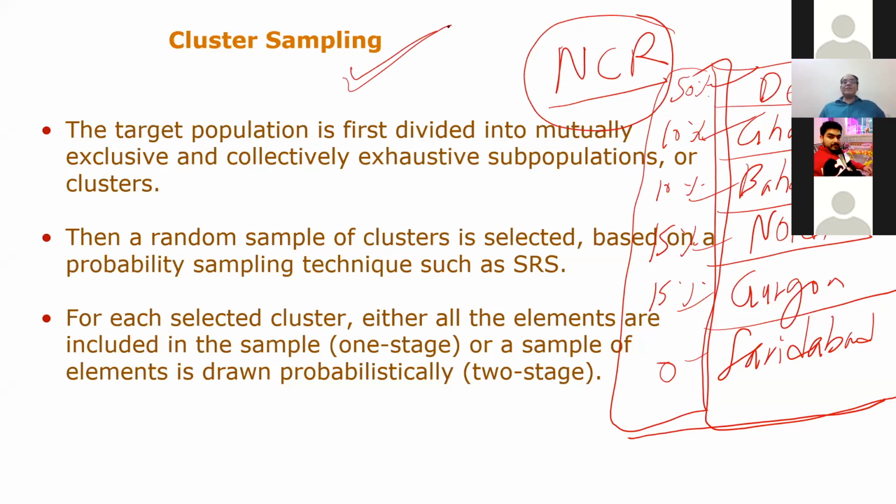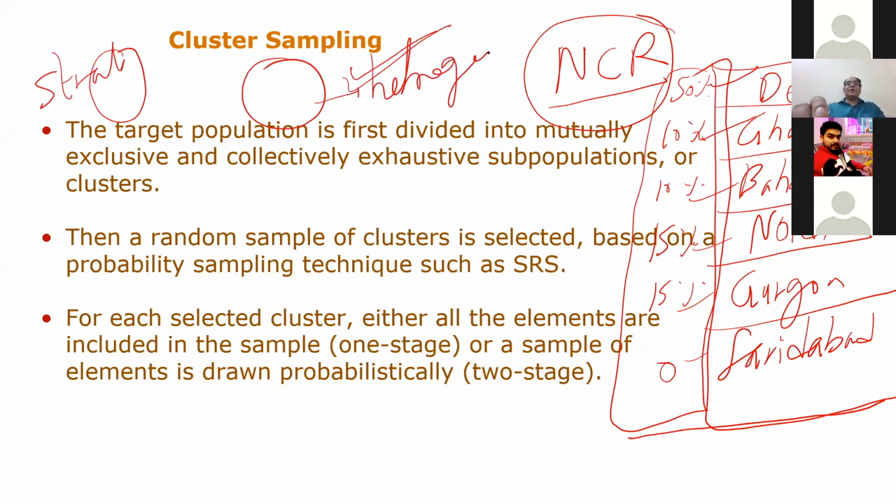One thing that is different between stratified and cluster sampling: strata are always homogeneous, and a cluster is heterogeneous, because within a stratum there is some similarity between the respondents, but in a cluster you can't say that every person is equal. There are different kinds of people.